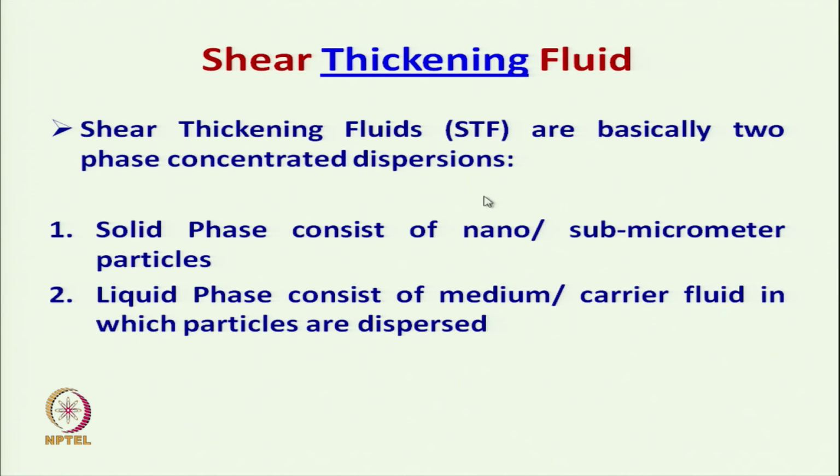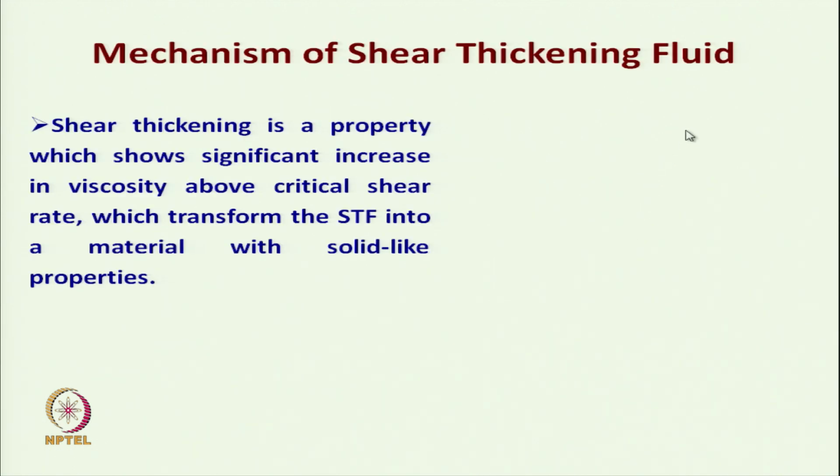So they form a viscous liquid. Shear thickening is the property showing a significant increase in viscosity above a critical shear rate, where non-Newtonian flow takes place, which transforms the fluid into a material that acts like a solid.